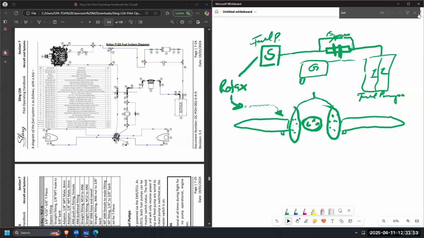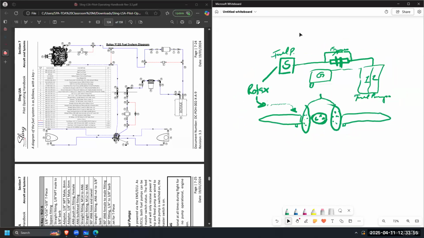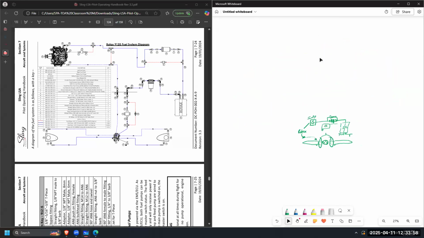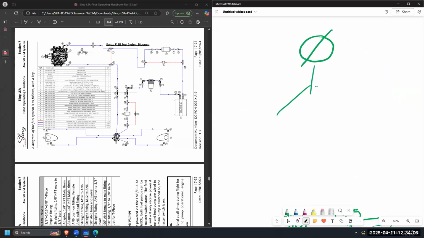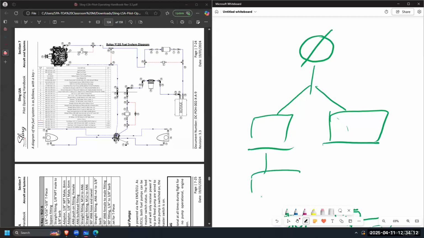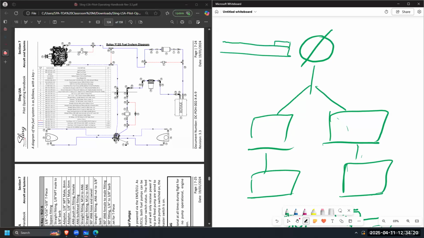All right, somebody explain this to me. Generator A, B, maybe.